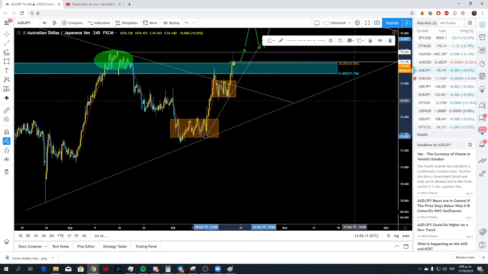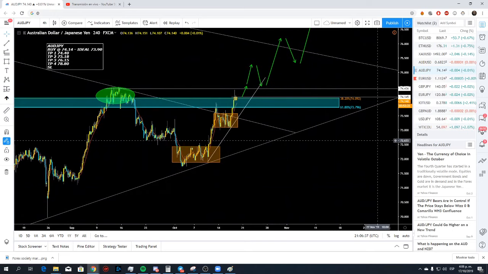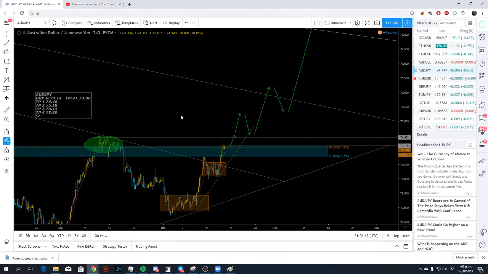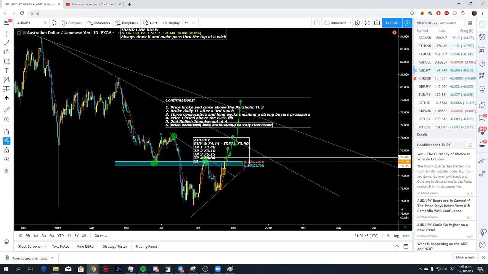So we could say that if price break that trend line, oh no, let's just place it right below the 61. It won't be that much. Let's make it 10 pips lower, or not, 20. 73.60 will be your stop loss. Yeah, that's a good stop loss.